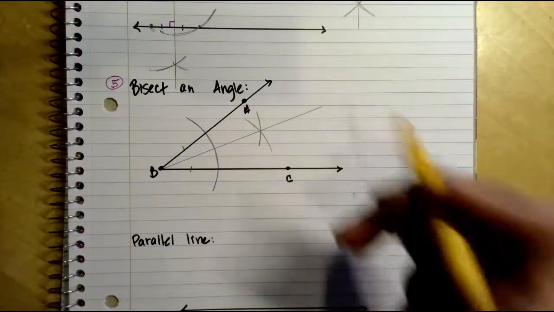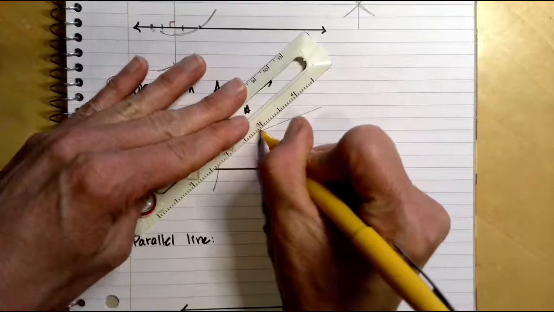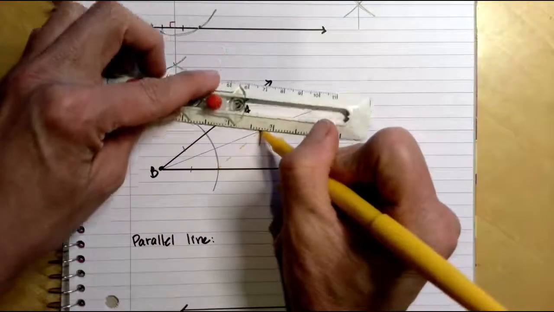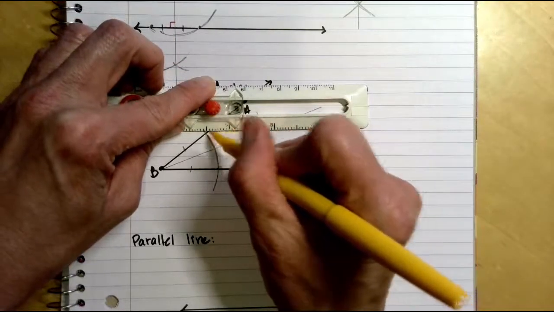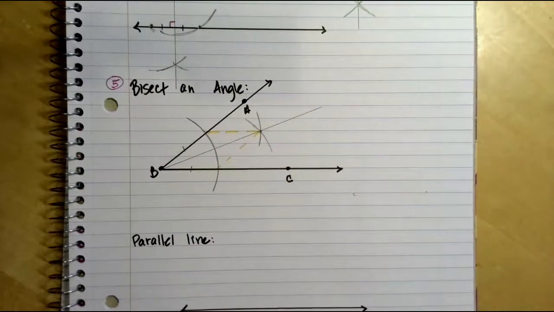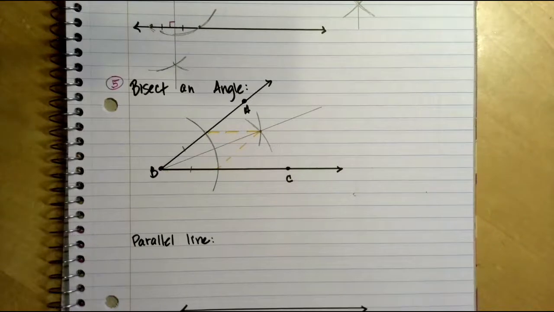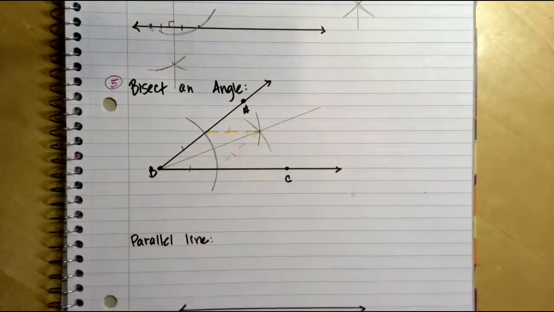I also know that this distance here is congruent to this distance here. And so we can talk about how that angle is bisected, because again we have a rhombus.